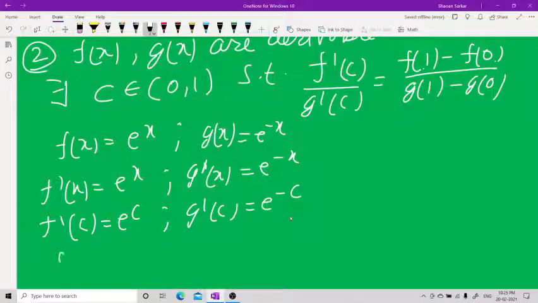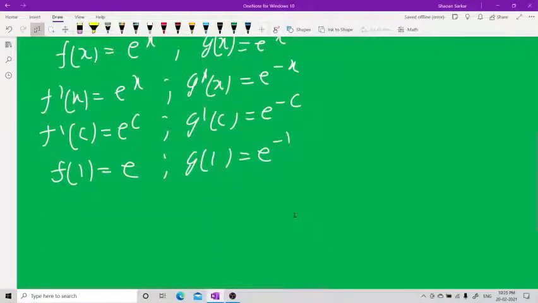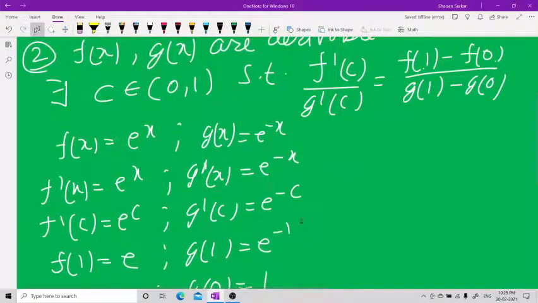Now f(1) is e, g(1) is e to the power of minus 1. f(0) is 1, g(0) is 1. You have all this. Now let's copy this from here.